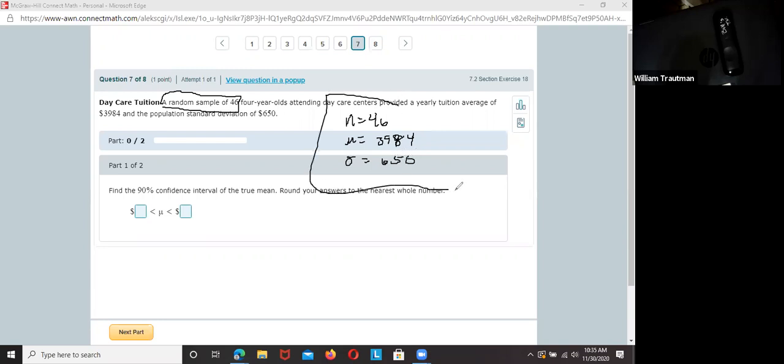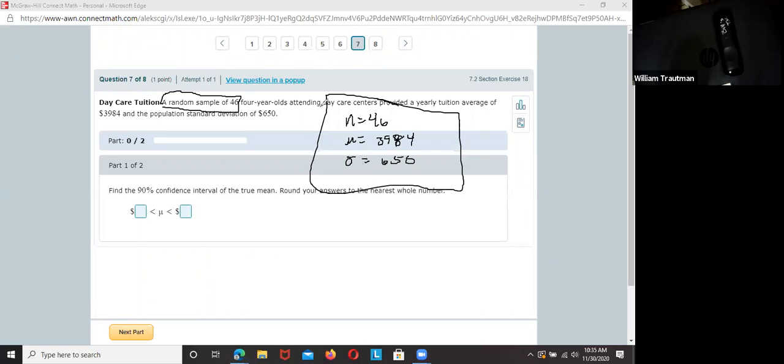So we're going to type this in on our calculator. Anybody remember how to get it? Oh, there we go. I found it.